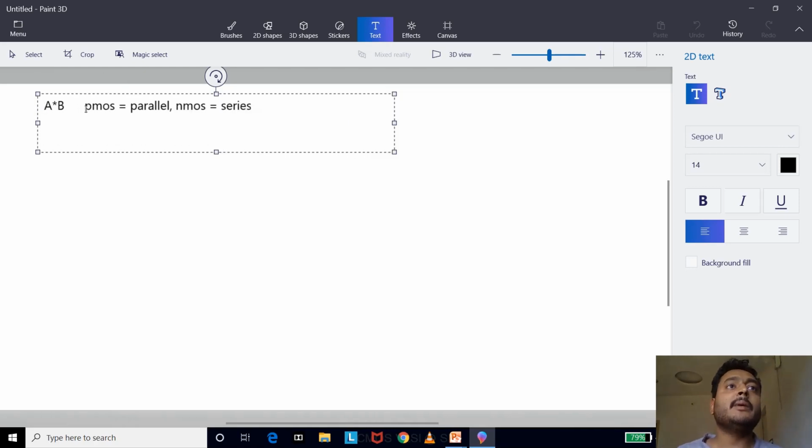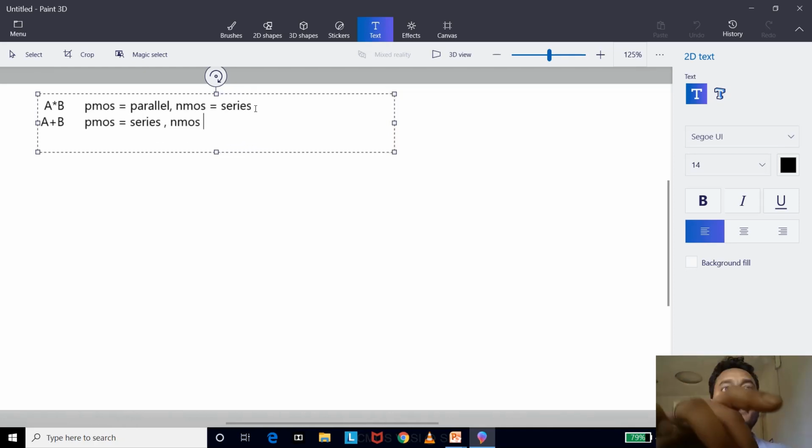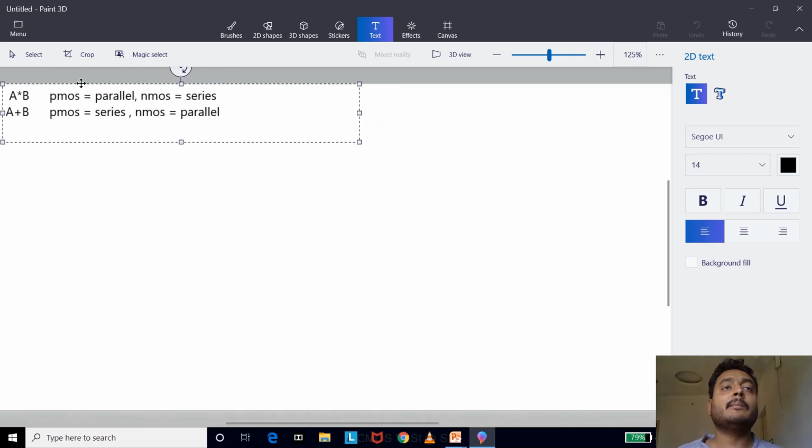So when you find A star B, PMOS transistors should be connected in parallel, and NMOS should be in series. And similarly, if you go for A plus B, then it is the opposite: PMOS should be in series connection, and NMOS should be in parallel. Okay, so you need to keep remembering these two points while writing your circuit.